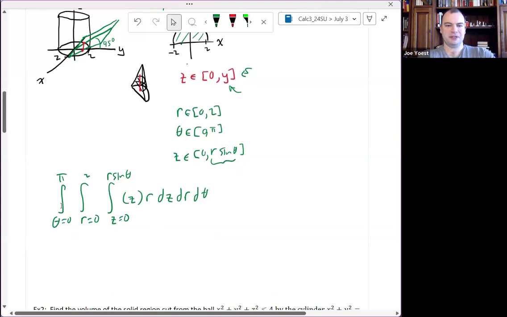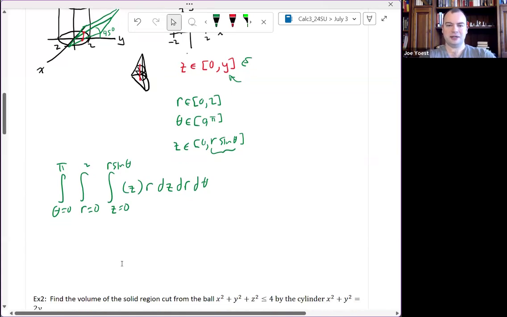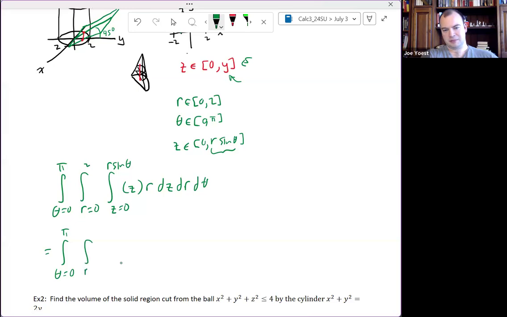And again, I might be tempted to pull out the theta integral from all of this, but I have to be careful because that r sine theta in the upper bound of z does mean that everything is also dependent on theta. So let's just take this step by step. This r can come out of the z integral. And then I'm integrating z between two bounds.